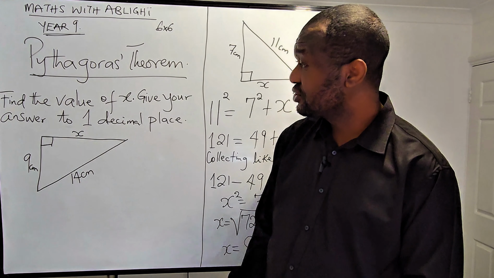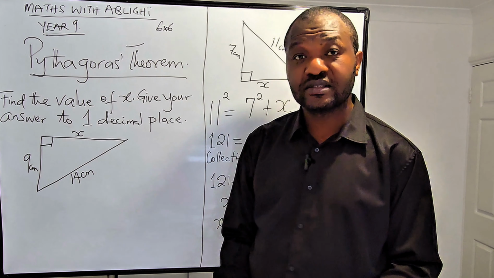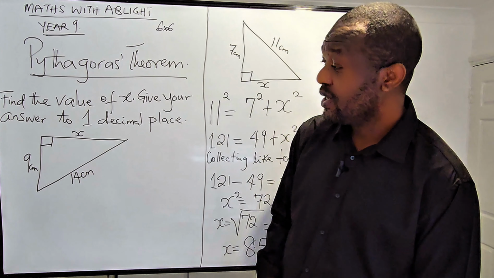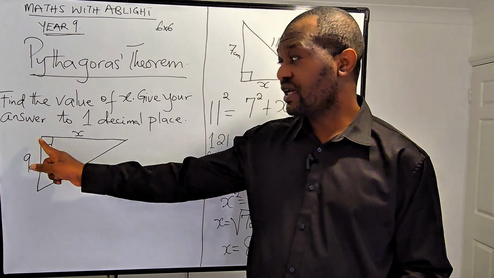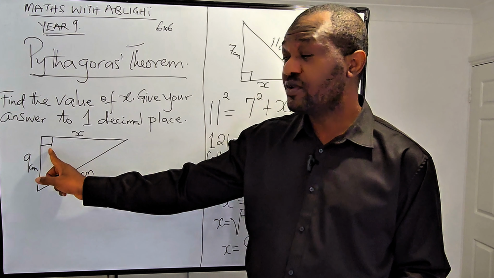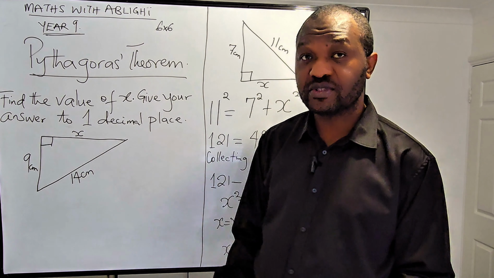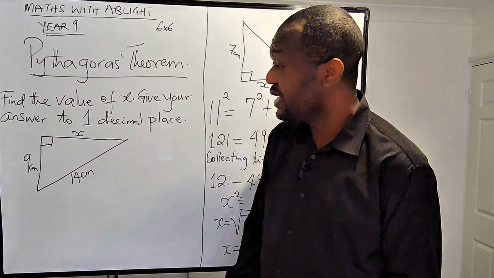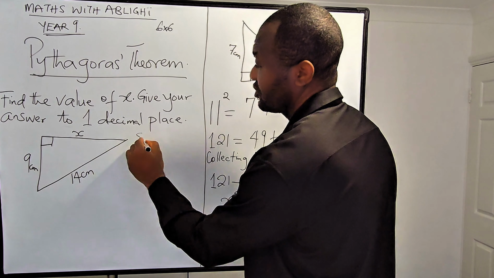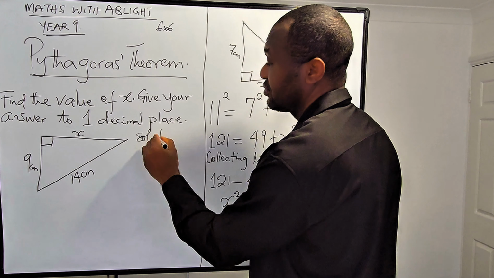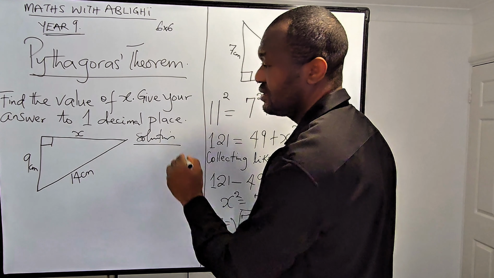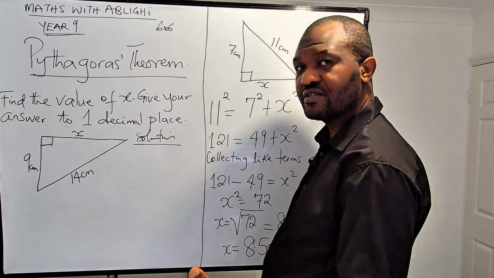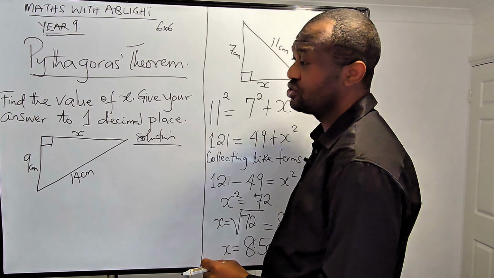Again, we've been asked to find the value of x in that shape below. Like I always tell you, the side that faces the angle of 90 is the hypotenuse side. So we go again, you write solution, and you start quoting the theorem as usual.